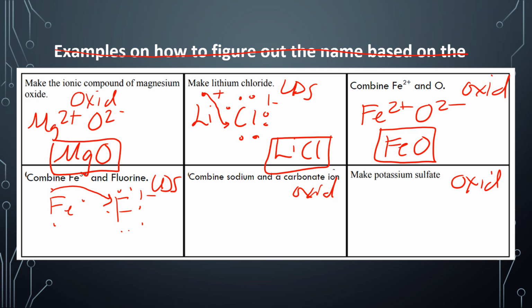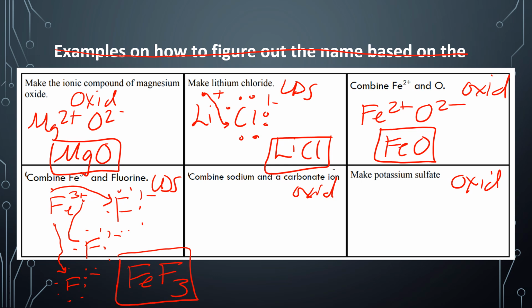You have 2 other electrons, so you have to recruit more fluorines to take those off that iron. Fluorine is a 1- charge. This iron is 3+ because it lost 3 electrons to obtain its full valence shell. So then you end up with Fe and 3 Fs. The name is iron 3 fluoride.